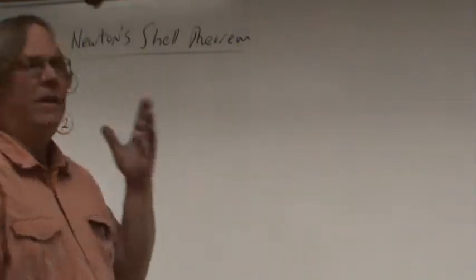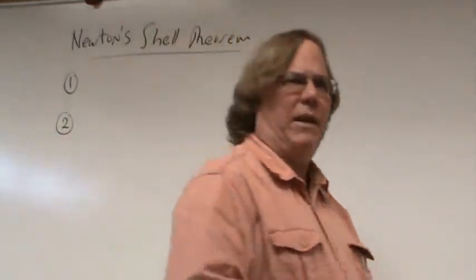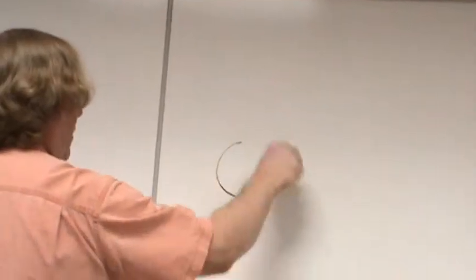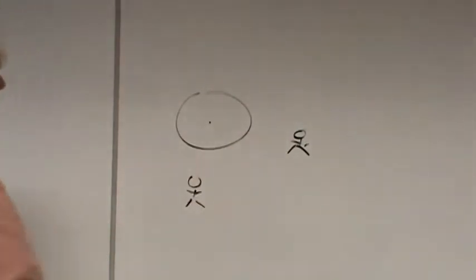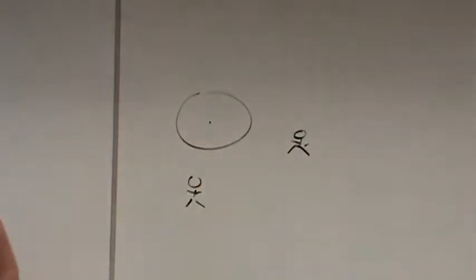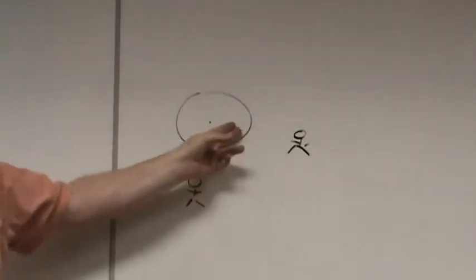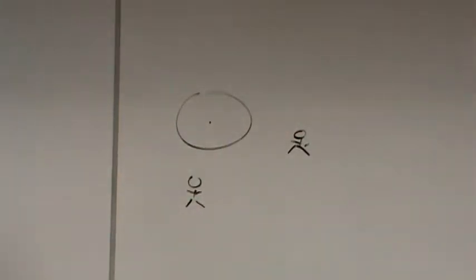Okay, guys, here comes Newton's shell theorem. Here's the first thing Newton's shell theorem says, and he figured this out mathematically. Imagine you've got a planet, and some dude outside the planet, and it doesn't matter where he is. You might think, how am I going to get the gravitational force that this planet exerts on the guy? Part of the planet is near him and part of the planet is far from him. How do I deal with that? Well, Isaac Newton said, guess what?